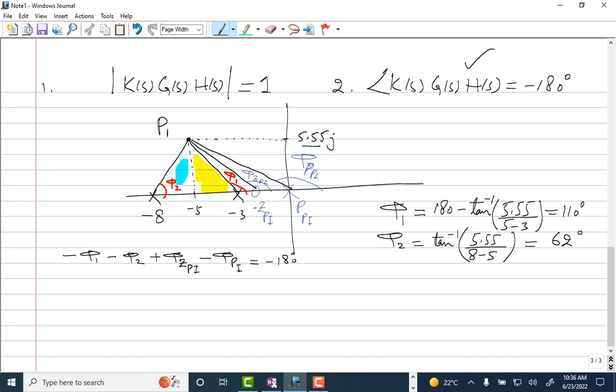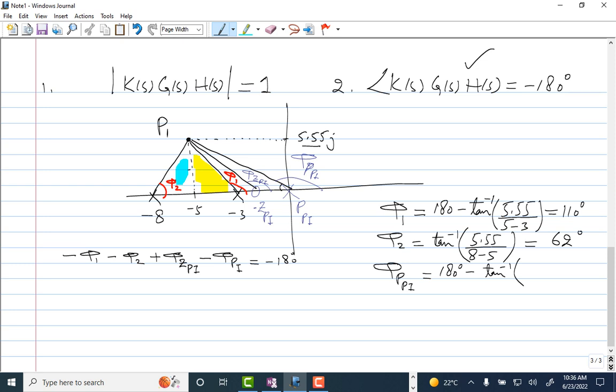Similarly, now I calculate phi of p1, which I can do because I again have to use 180 degrees minus tan inverse. I am looking for this theta. I can take this whole triangle, it's a right angle triangle.